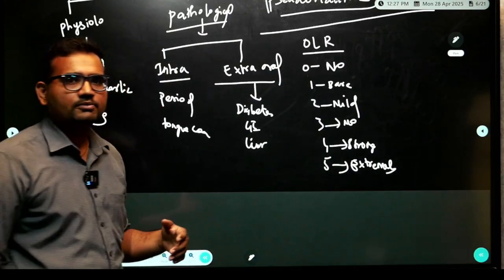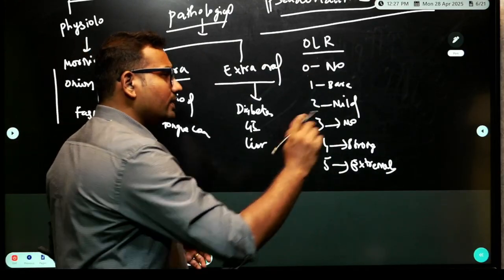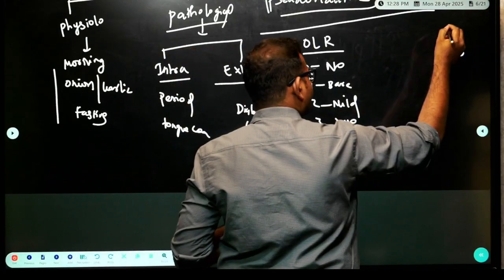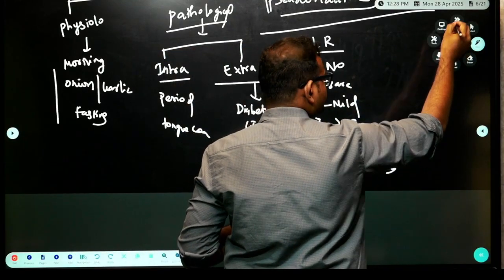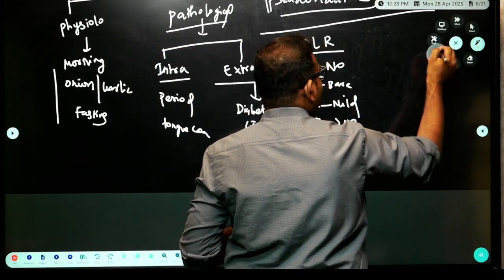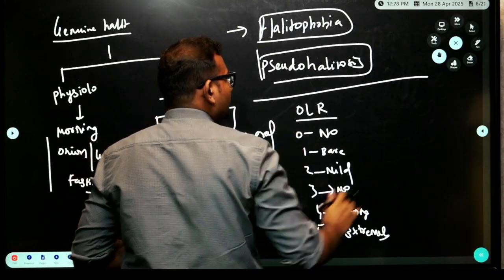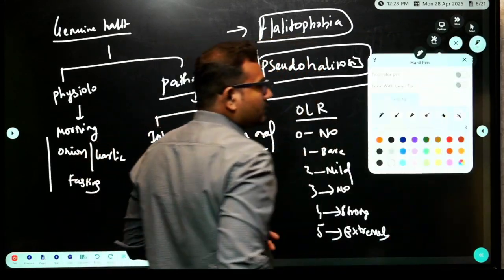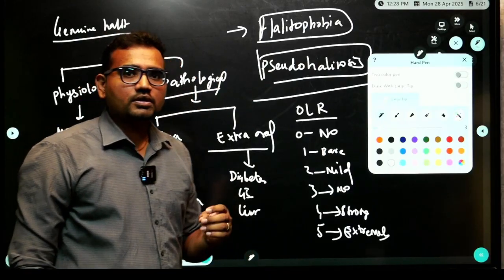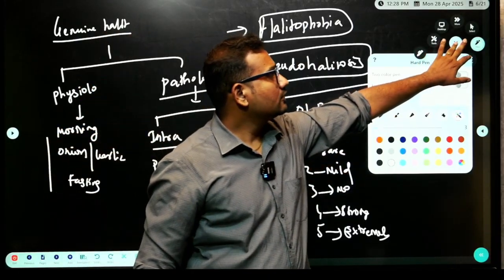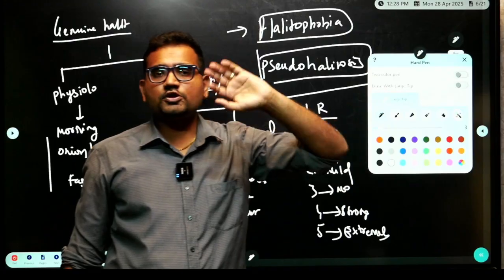So see, when the patient tells you about malodor, the first thing you should do is evaluate whether the patient has local factors. Sometimes, 80% of the times, the malodor is because of tongue coatings.